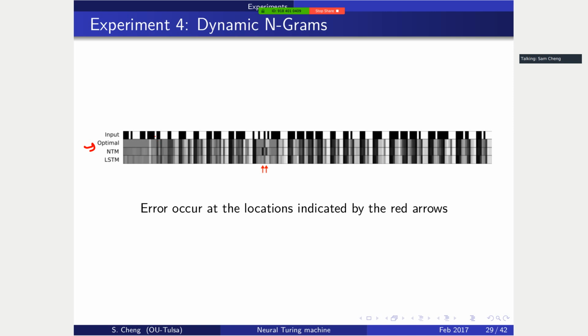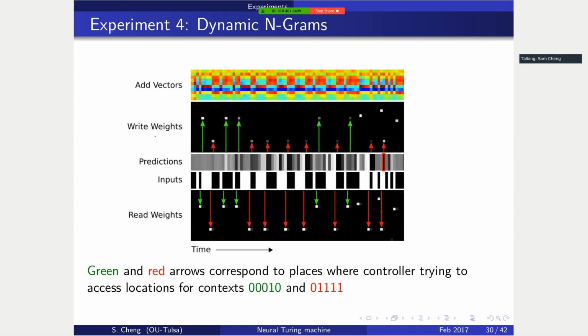And it's also interesting to see again these weight vectors as it goes with time. In this one here you have an input like this, and the green arrow that's pointing here is, let's see, yeah, whenever it's a pattern of 0010.